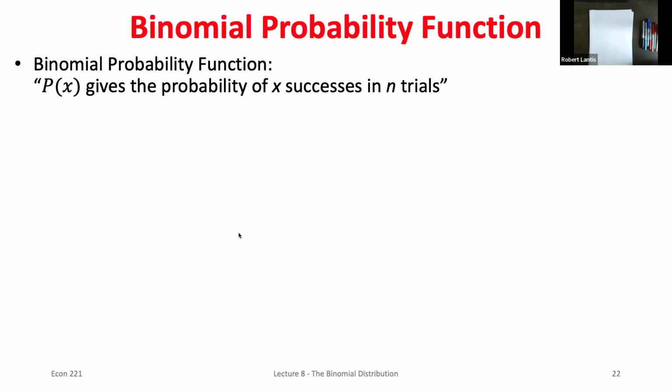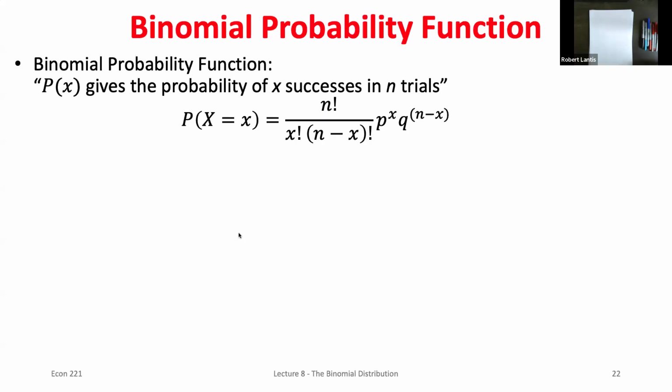So the basic question is, I can use a binomial probability function to find the probability of seeing a certain number of successes out of a certain number of trials. That probability should change: if I'm running this experiment 100 times, the probability of seeing two successes will be very different than if I run the experiment 10 times, 10 different trials.